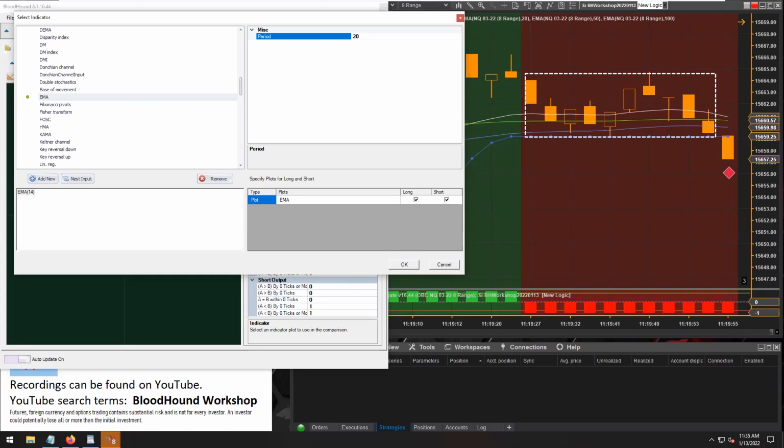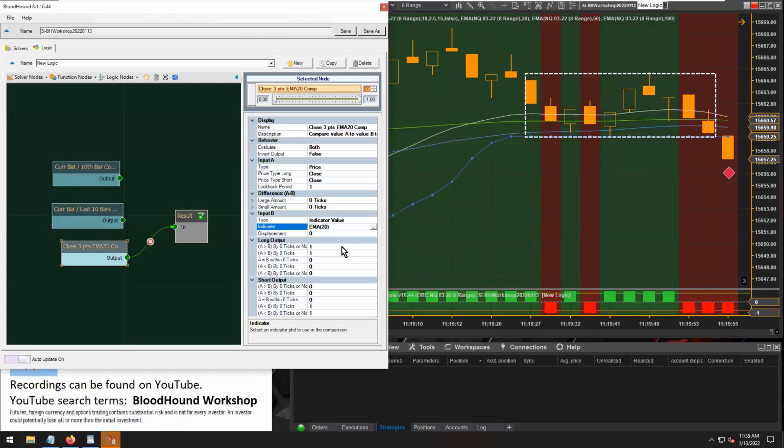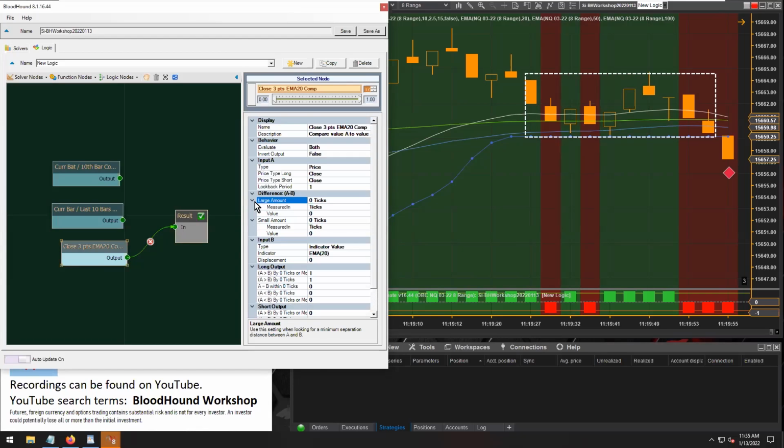And set it to 20 period. And now I need to set up the difference between input A and input B. So we want 3 points. Like so.